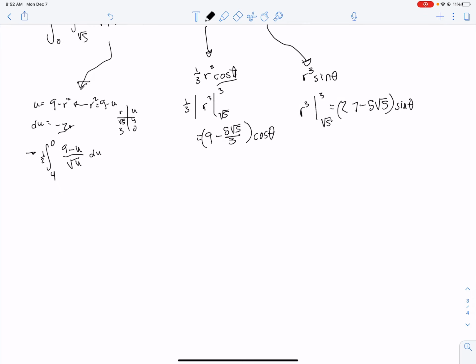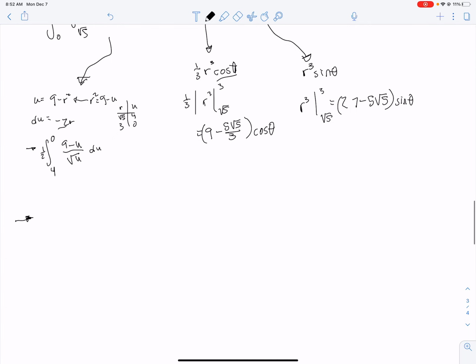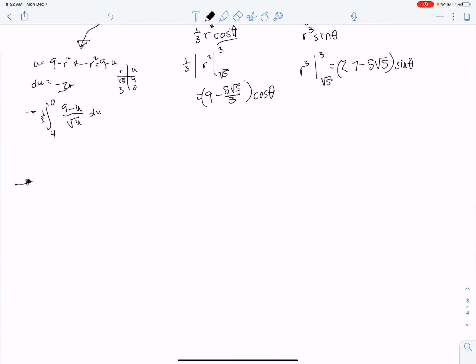So, given all of that, we can integrate our first part of the integral by setting up negative 1/2 and solving it like that.